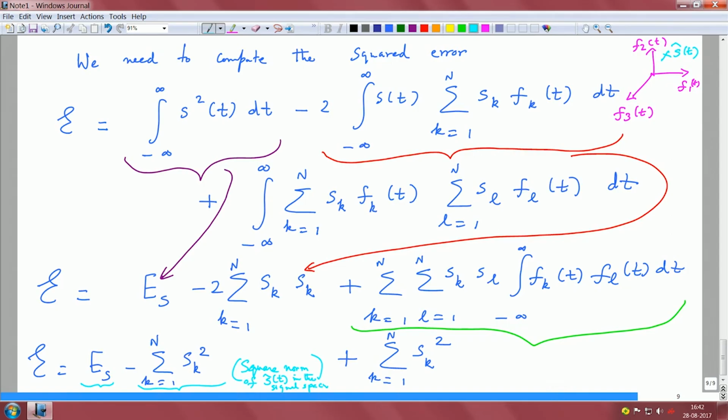It seems intuitive that if you have an overcomplete basis or a complete basis, this error should be 0. If it is a complete basis, the error should be 0. If it is not a complete basis, you have a residual error. So now the question one has to ask is, can we construct a complete basis for a particular signal set?